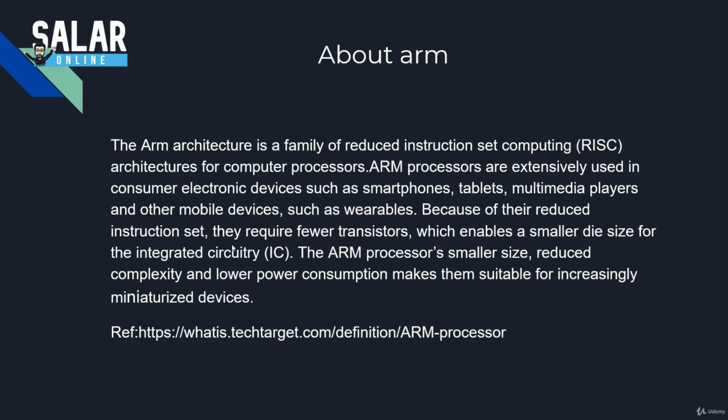Smartphones, tablets, and other mobile devices use ARM processors because ARM consumes much less energy compared to CISC architecture processors. Because of their small size, they require only a few transistors, which enables them to use very little energy.